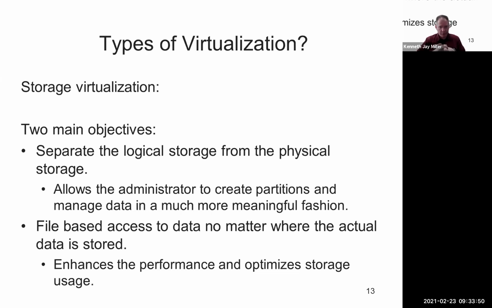Very few of them are actually in California, because California is an expensive place to run power and cooling. It's one of the more expensive ones. But it could be in the Northwest. It could be in other parts of the world. But where is it? I don't know. As long as when you upload today's lab file, it gets into the queue so that Professor Miller can see it, that's all that really matters, right? The location doesn't matter. The accessibility is more important. So that's what storage virtualization is referring to.